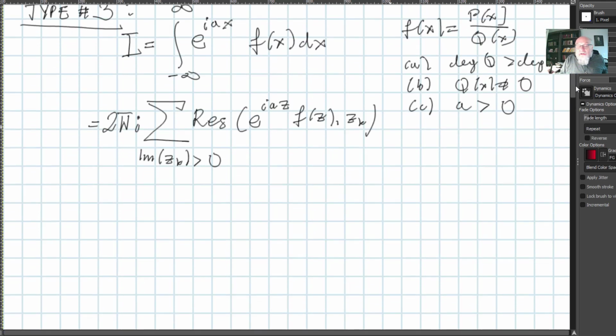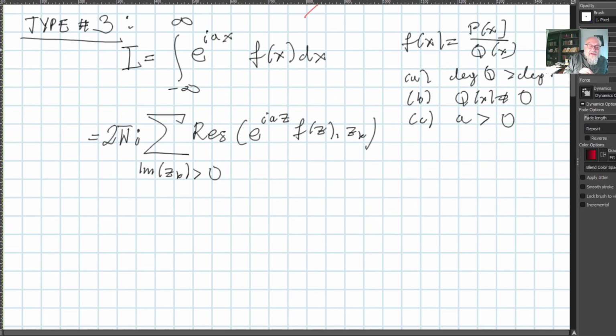Namely, if you rewrite this complex number e^(iax), this will be simply equal to cosine ax plus i sine ax, put in the brackets for safety.